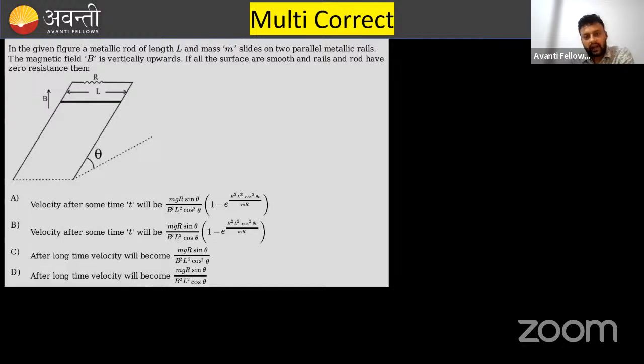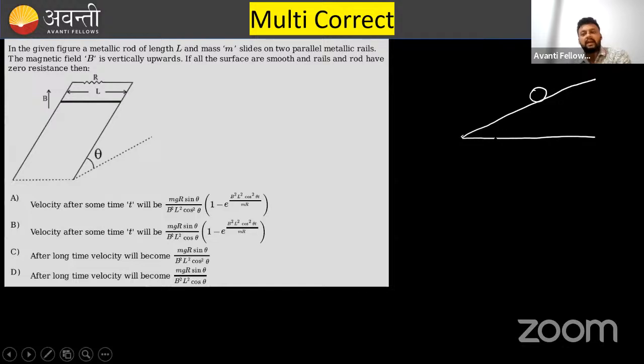I am just trying to redraw the diagram. Just the front view. Let's suppose this is our inclined plane. Obviously, rails are there, conducting rails, and this is our rod, which has some mass m.